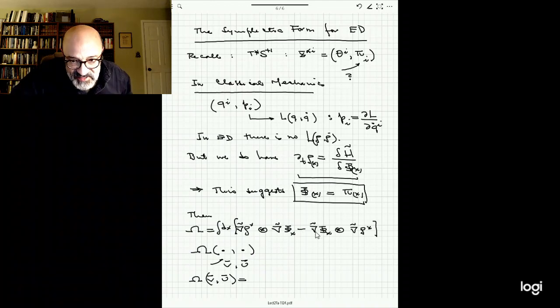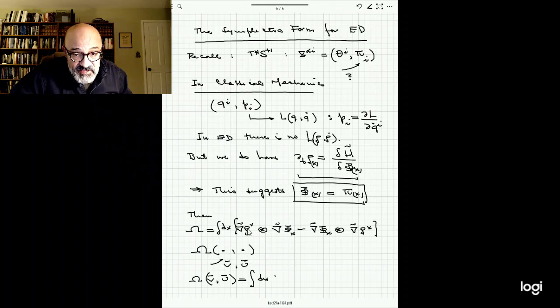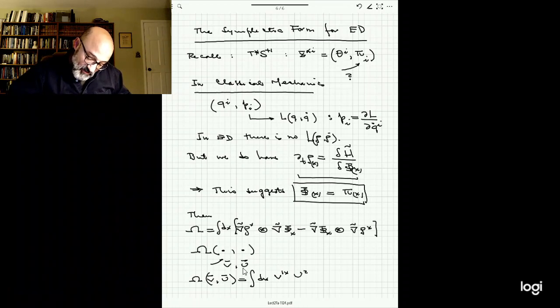Since one is up, the other one down, the integration is kind of implicit, but we can write it down explicitly. The gradient of rho acting on v gives you the first component; this acting on the second gives you the second component, minus the second component, u first component.